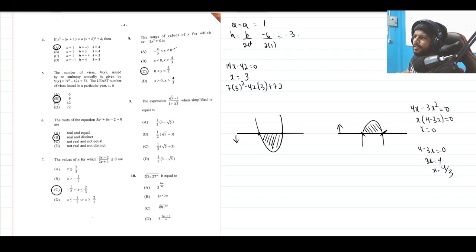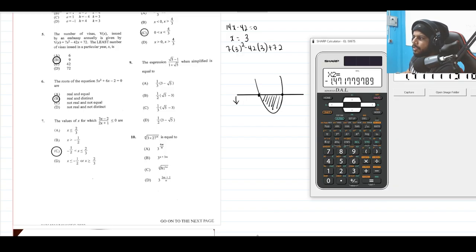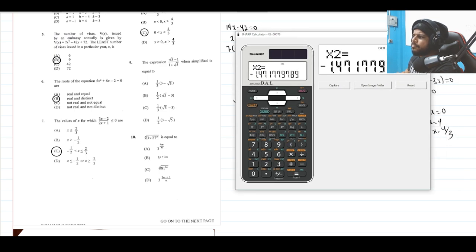The expression looking like a repeat. But again, we'll do it again. We'll do the solutions again.